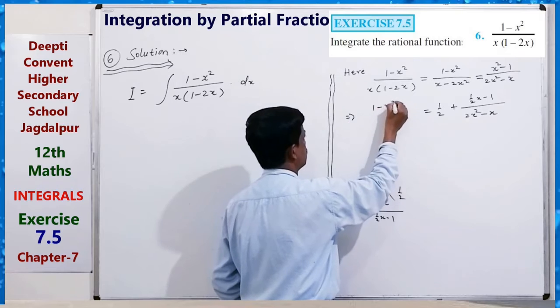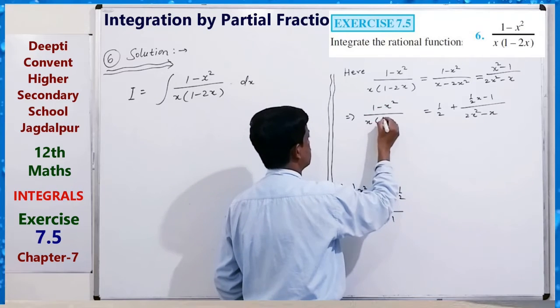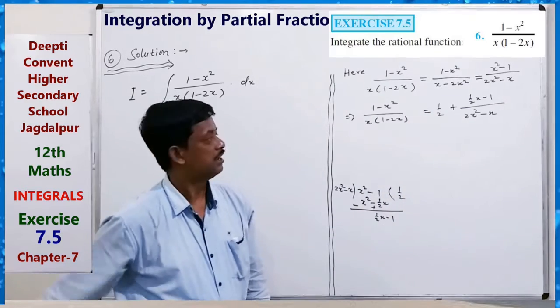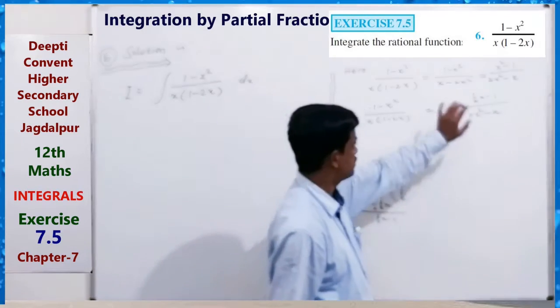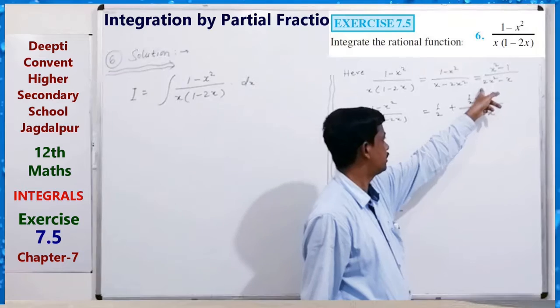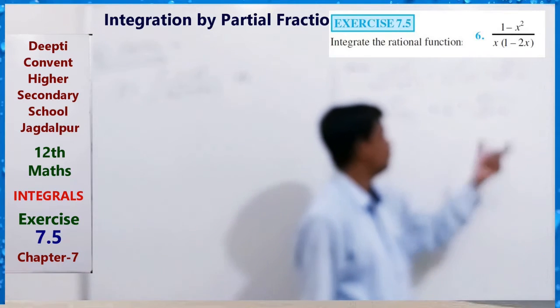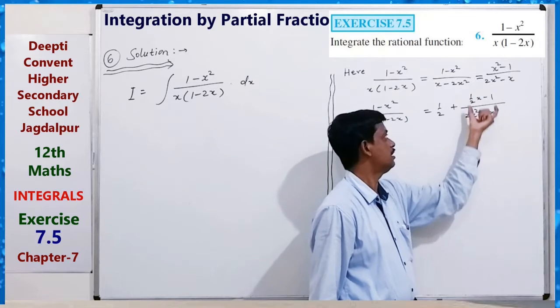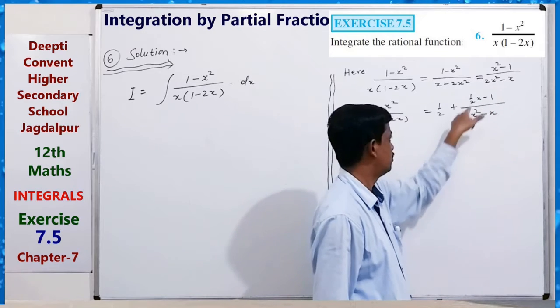So (1 minus x square) upon x(1 minus 2x) can be written like this after division. Now this is a constant value, this is a linear factor upon a second degree factor. Now you can partially fraction this portion.